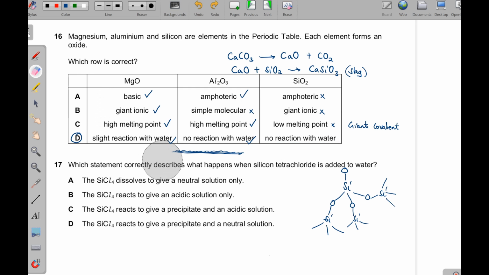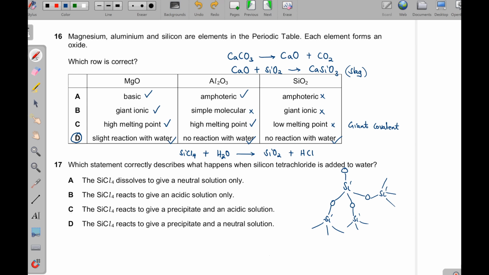Yes, silicon 4 oxide is insoluble in water. This is true because, remember, if you have silicon 4 chloride in the periodicity and you react it with water, there is hydrolysis which takes place. So you have silicon 4 oxide plus an acid, which is HCl.